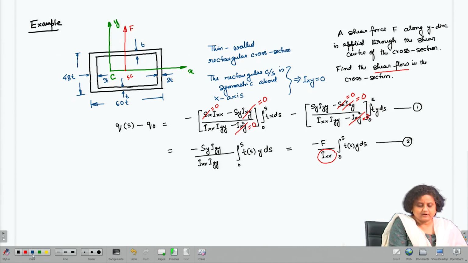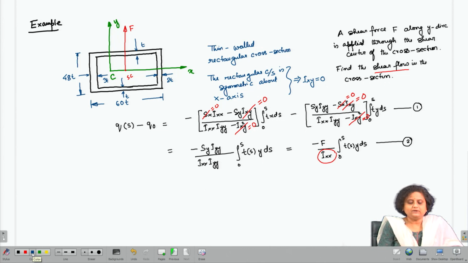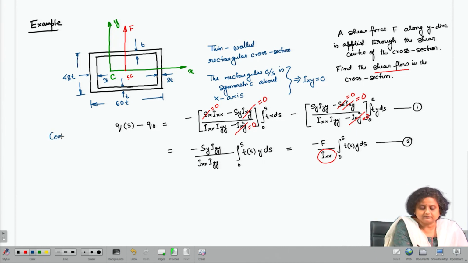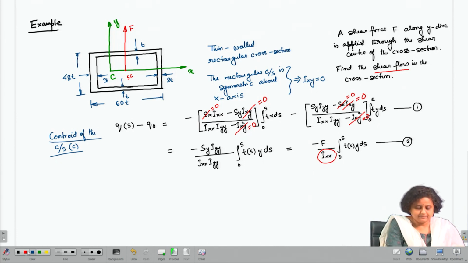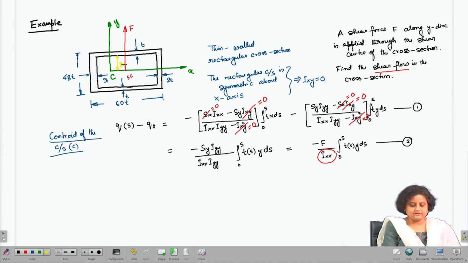So, before I can find out the sectional property I x x, because this cross section has an unsymmetry about y axis, we need to find out the centroid of the cross section, which is C. Let me say that the centroidal distance is this one, which is y c. So, I need to find out y c.